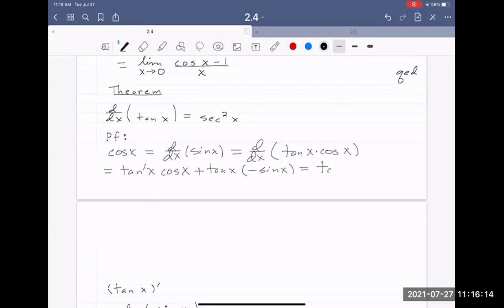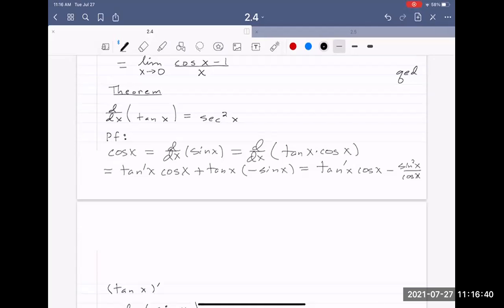And so this is tangent x cosine x minus, tangent is sine over cosine, so this is sine squared x over cosine x. Add that to both sides of your equation.